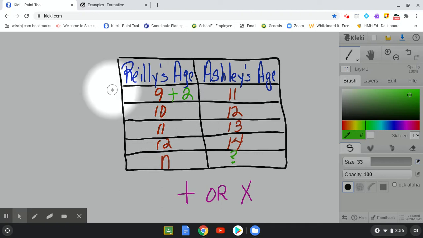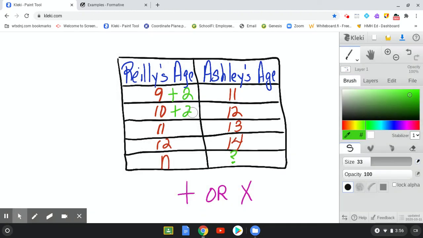So let me see if 10 plus 2, does that give me 12? Yes, it does. Let's see if 11 plus 2, does that give me 13? Yes, it does. 12 plus 2, does that give me 14? Yes, it does.